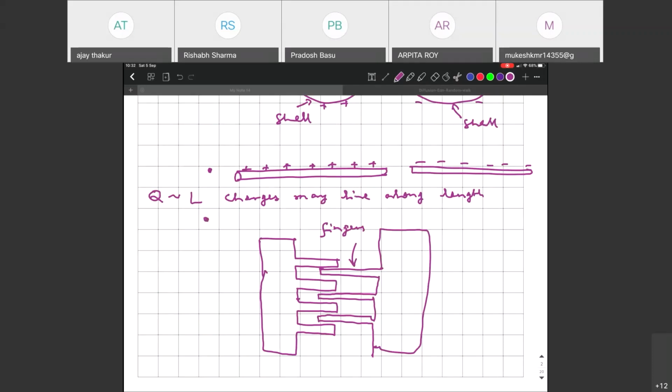Whatever I have drawn right now is a typical capacitive MEMS structure.